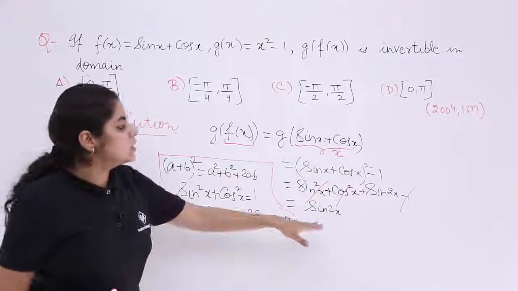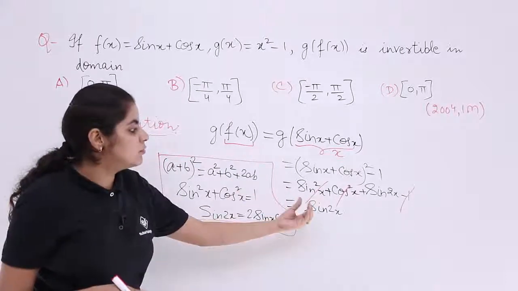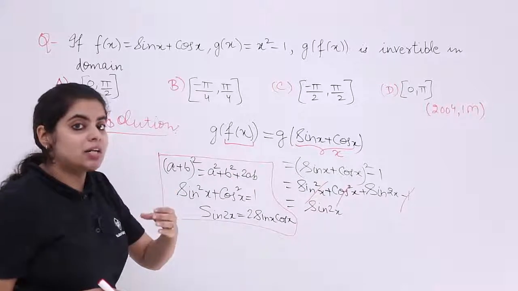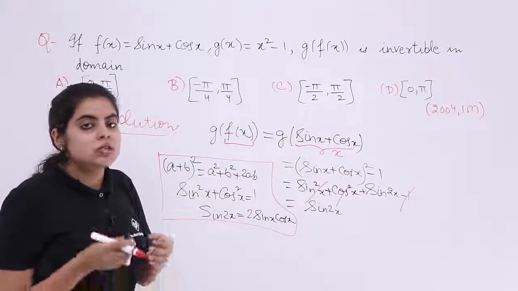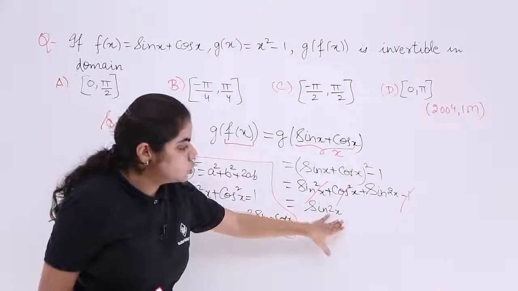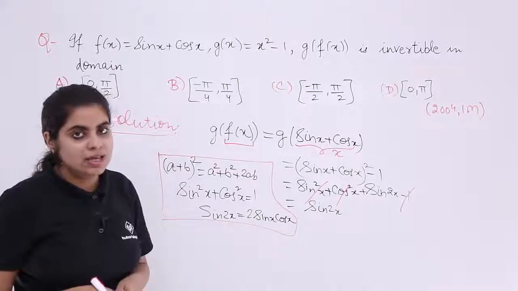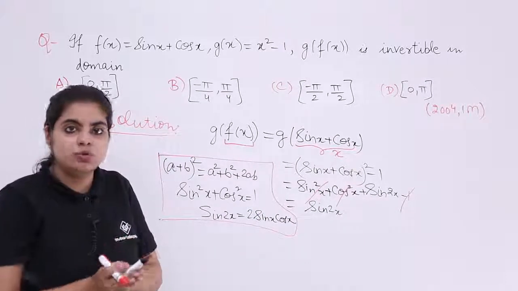Now, the question is not stopping here. I was not asked to find the simplified value. Rather, I was asked to find the domain in which the function is invertible. So, g of f(x) is invertible where? I know this is sin 2x, and the restriction on sine is always from minus pi by 2 to pi by 2.